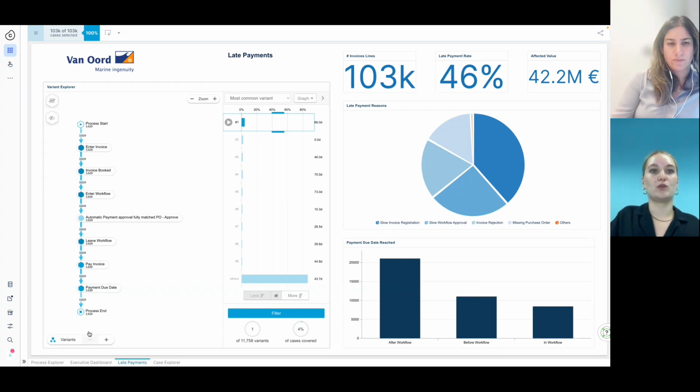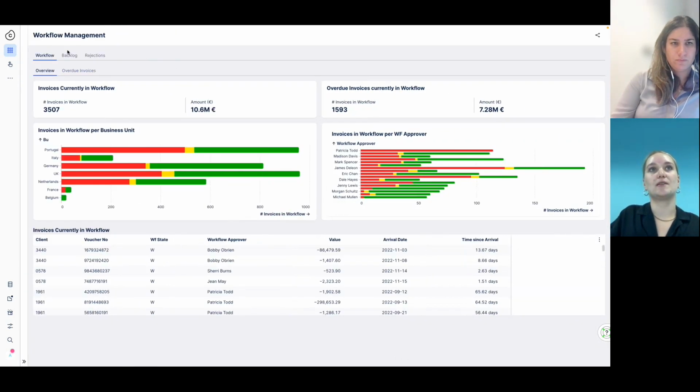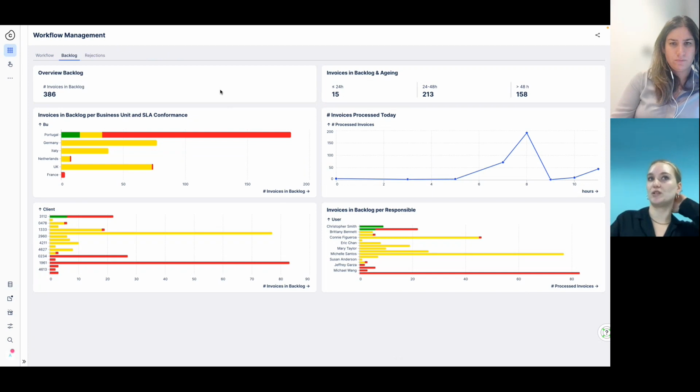So what we thought of was creating some operational dashboards that are used on a day-to-day basis by the accounts payable team to understand, okay, today this many, so for example, the backlog, the scenario where invoices were reaching their due dates before even going through this whole approval flow. So these invoices are the ones that were stuck in the backlog, this pile of invoices that still had to be put through the system.